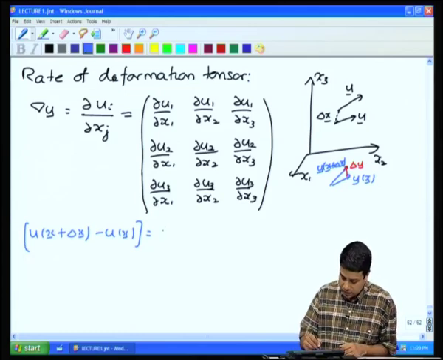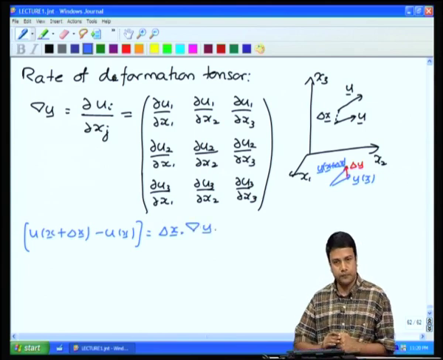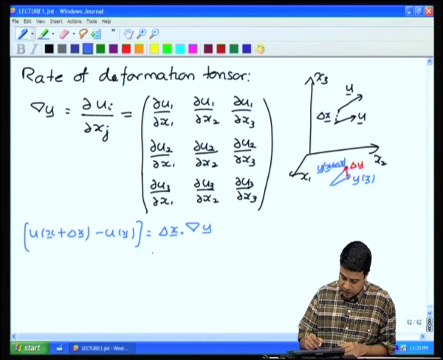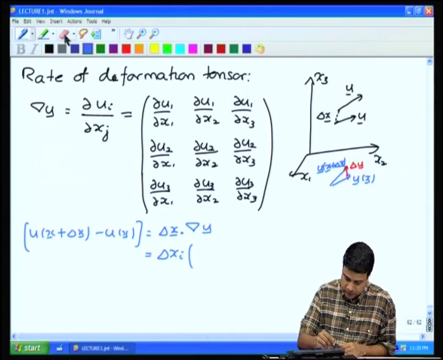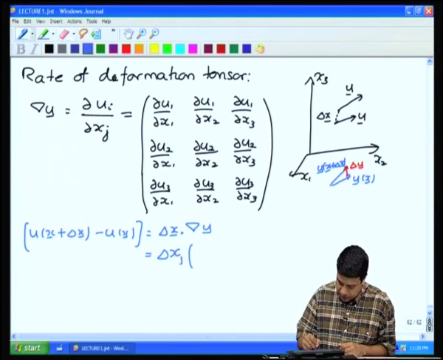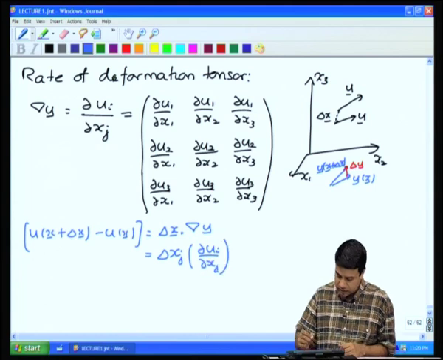That is equal to delta x dotted with the gradient of u. So, I can write it, for example, as delta x_i. I should write it, be careful here. Delta x_j times partial u_i by partial x_j.